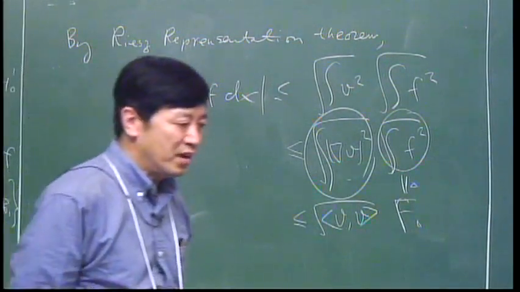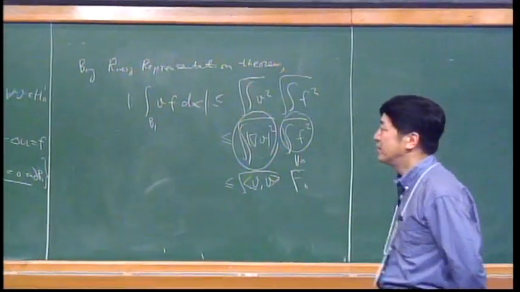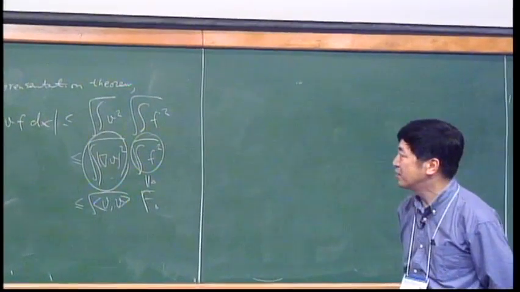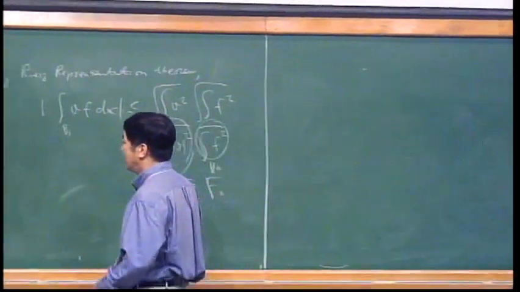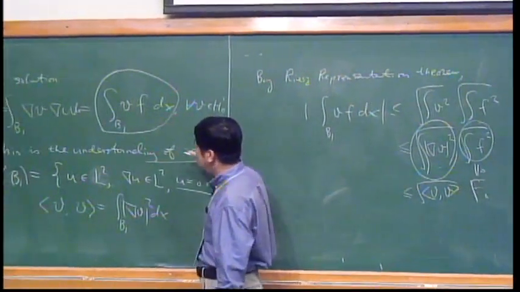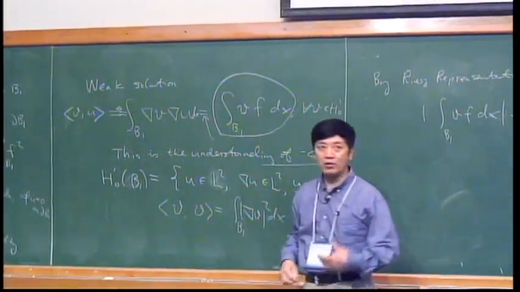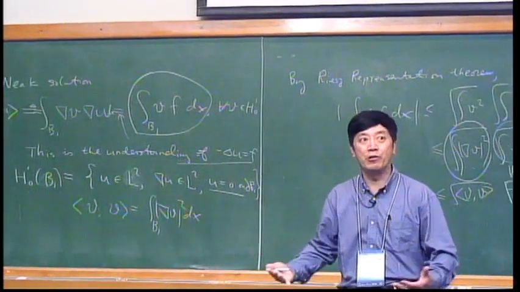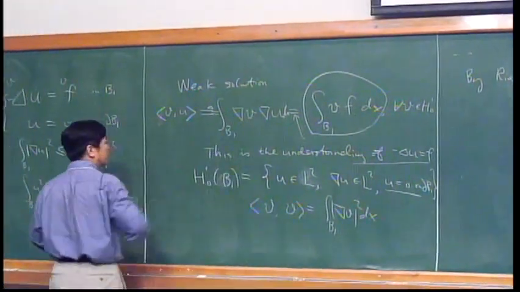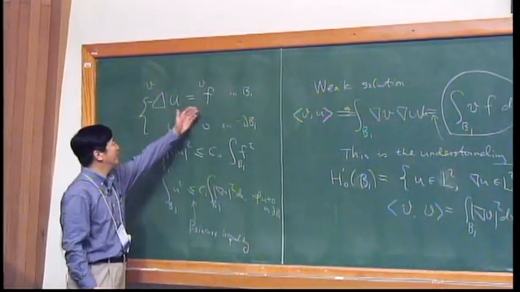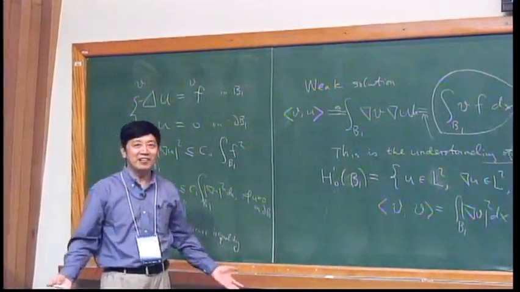So then what's our next job? Our job is to go back to the classical theory. This is the understanding in this sense. Then how do we understand they are really equal? For example, if this holds in the weak sense, can you find one point where left equals right? It's not easy to do.